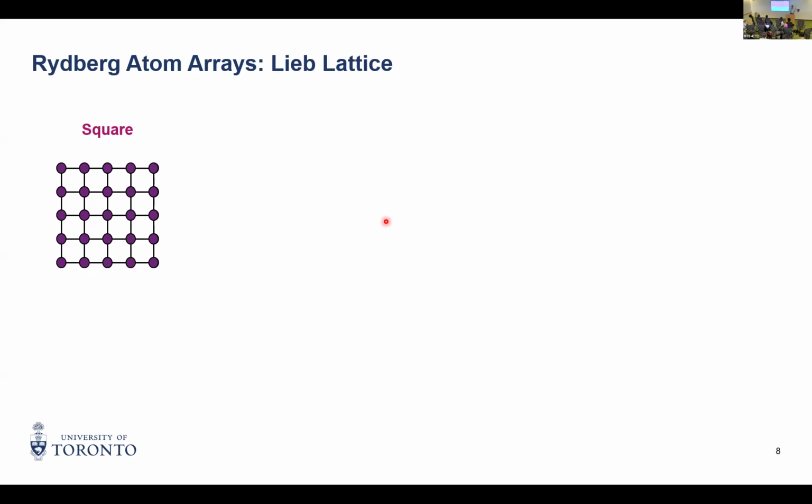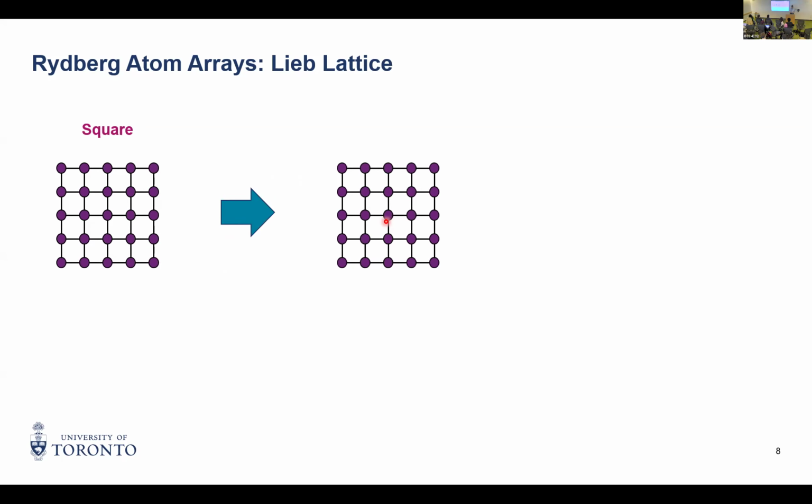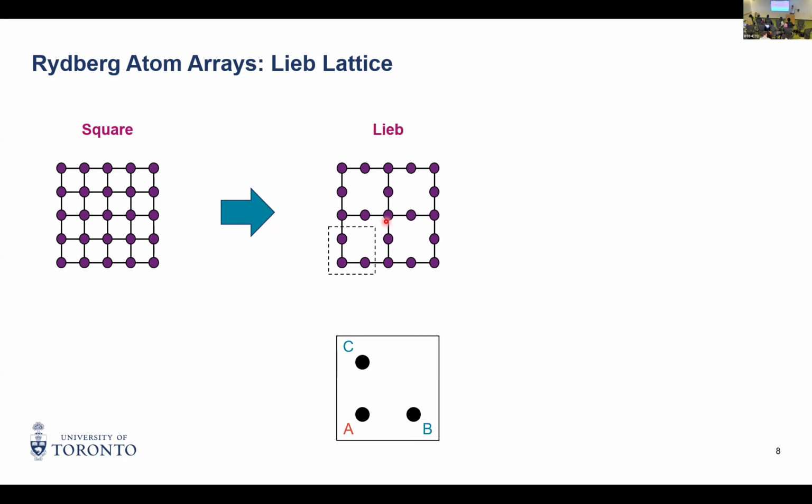Okay, so our strategy for studying these things is to, instead of starting with something simple like the square lattice, use a lattice that has more structure. And the lattice that we'll use today is the Lieb lattice, which you can get by just taking out the center of each of these plaquettes of the square lattice. The important change that happens when you do this is that now you have much more structure in your unit cell.